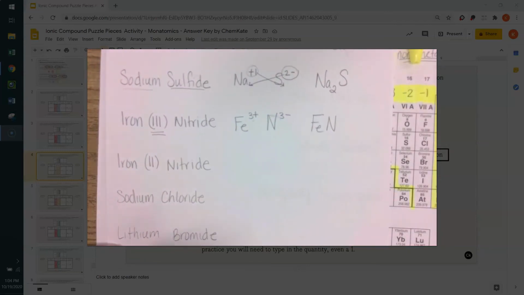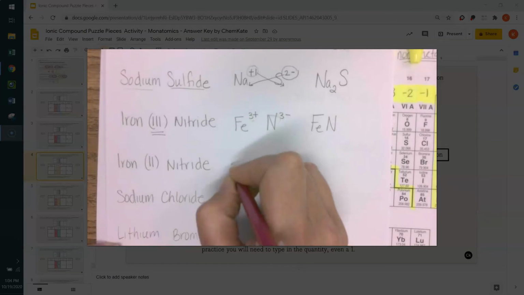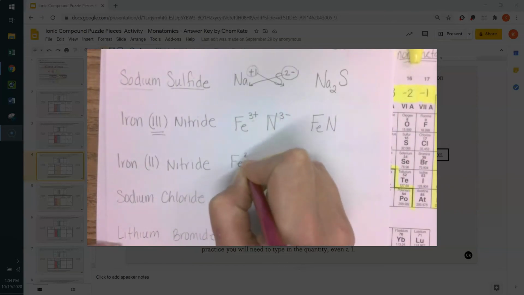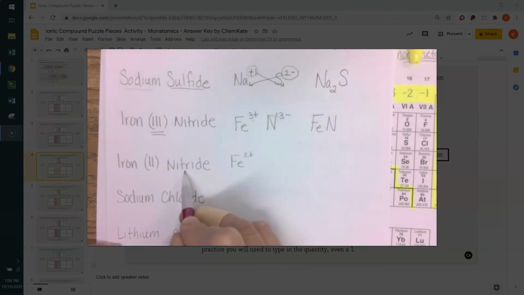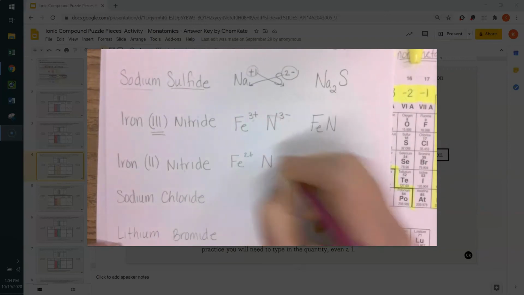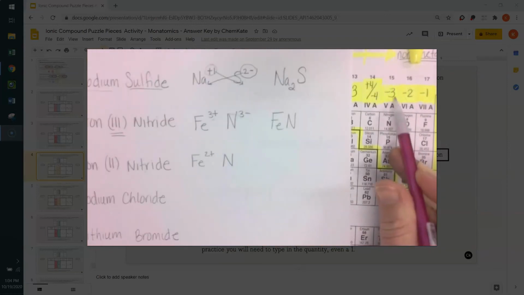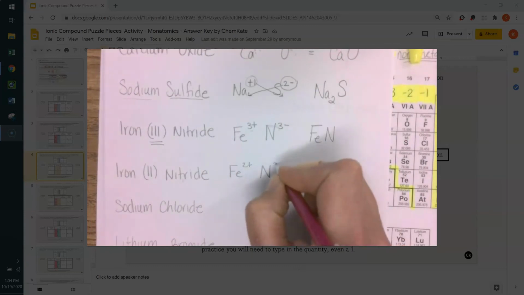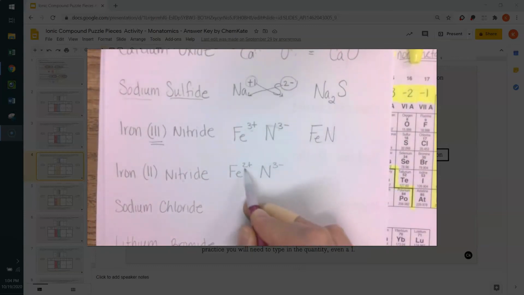Nice and simple. For iron 2 nitride, however, if you looked up iron 2 in your ion chart, you would see Fe2+. And again, nitride would be our nitrogen, which is found in this column, so it is a 3 minus. I can't just put these two together because they would not be neutral. So we have to find a way to get these charges to equal each other.